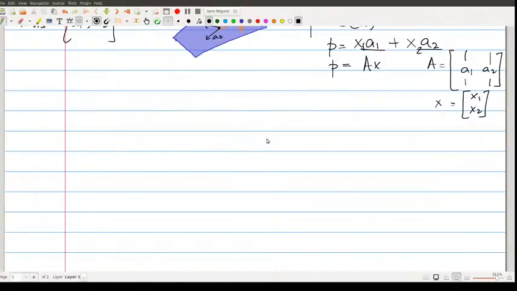Yes, if A is perpendicular to E, then their dot product gives us 0, right? So I talked about this in the last lecture, that when you have perpendicular vectors, we know that their dot product is going to be 0. So if A is perpendicular to E, then A dot product with E is 0.